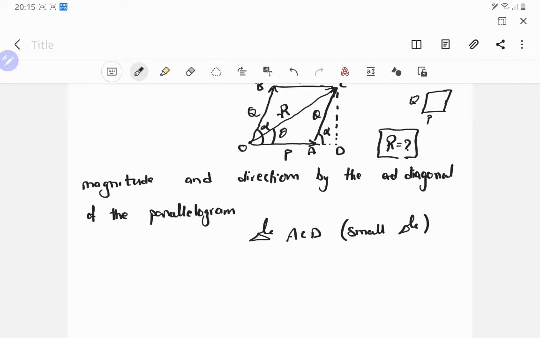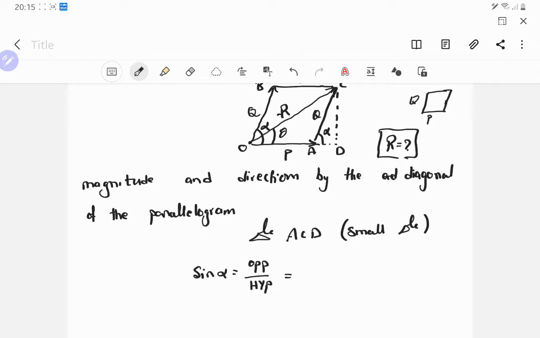Now if we take sine alpha, sine means opposite by hypotenuse.